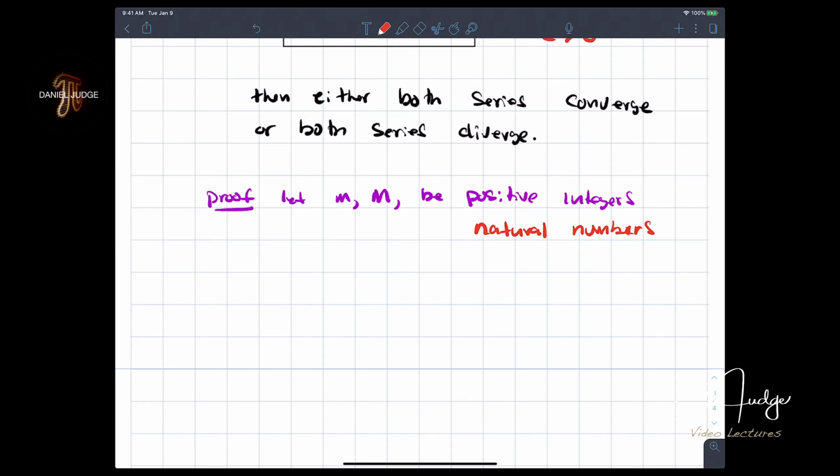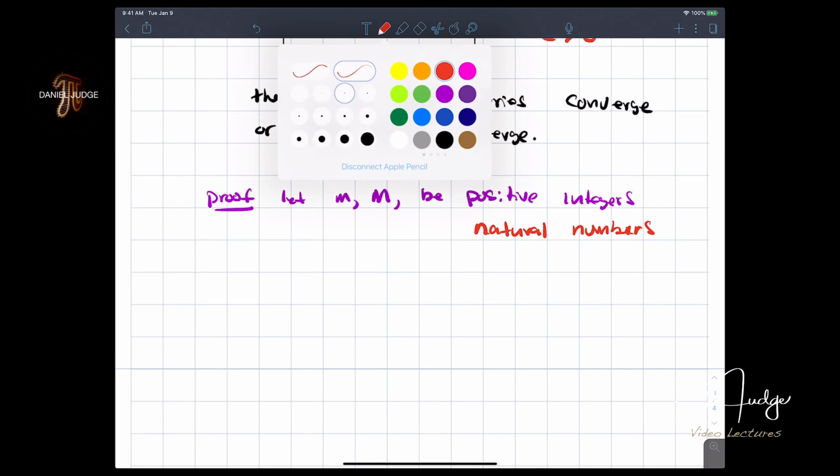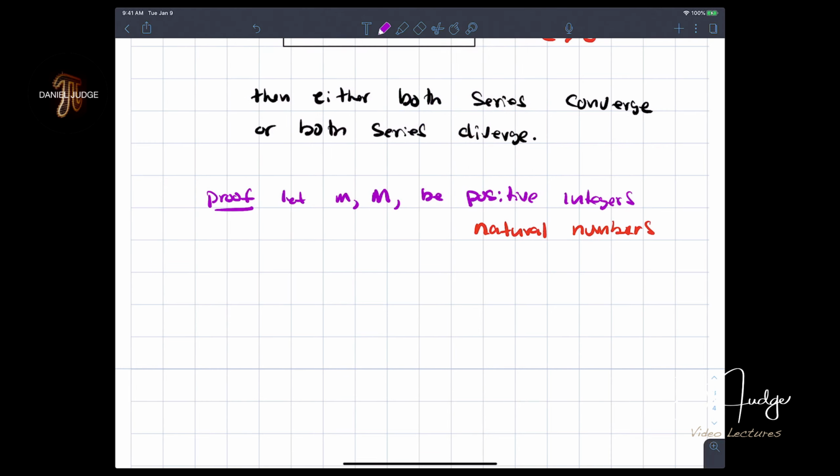Natural numbers. Anyway, we're saying let these values be natural numbers such that this relationship is true: little m is smaller than C, which is smaller than big M, that constant C we're talking about.